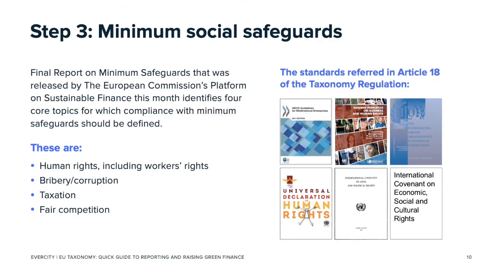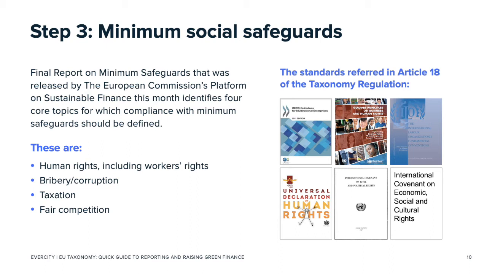Then what do we have next? Minimum social safeguards. This part is relatively new, so it was there, but very brief and rough. Now it is fully developed. So there is now a separate part on minimum social safeguards, and it requires covering the main standards for human rights.